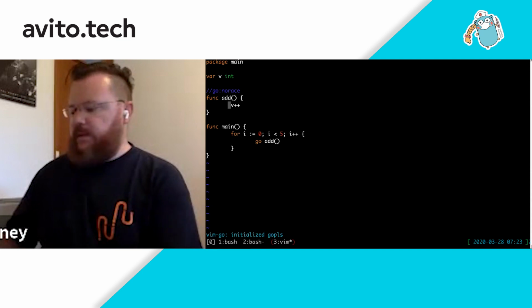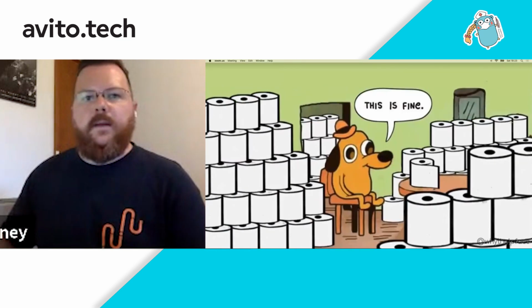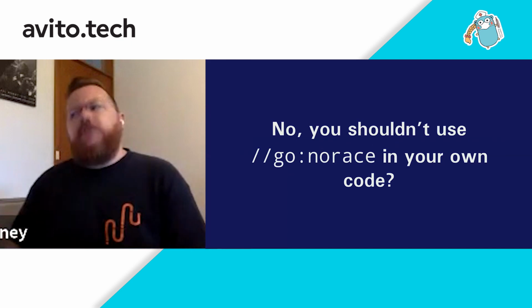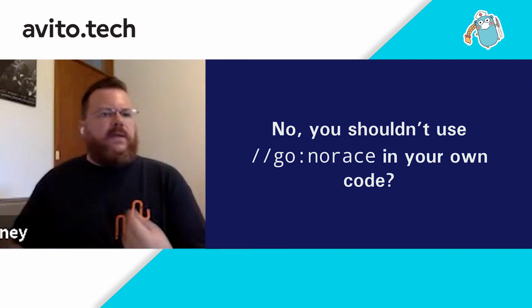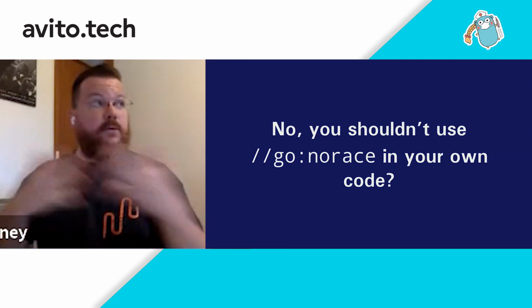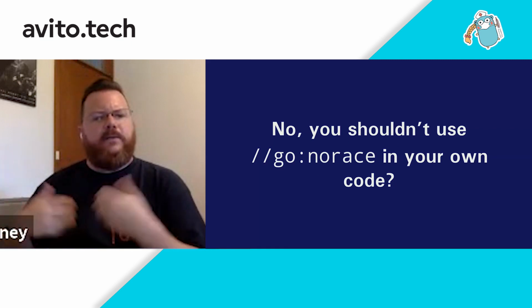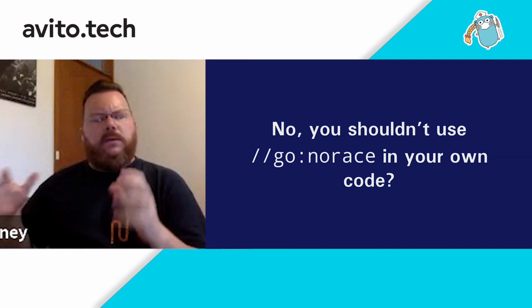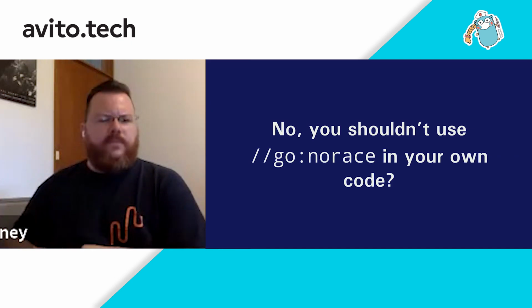So to go back to the question, should you do this? No, you probably shouldn't use no race in your own code. It was added for a very specific function. It took out some complexity in the compiler and replaced it with a more general example. But the race detector has no known false positives.